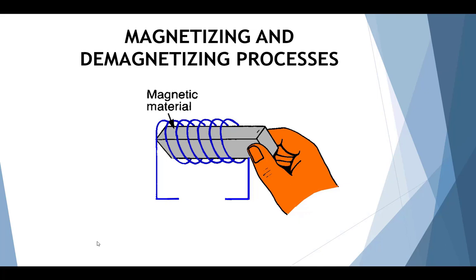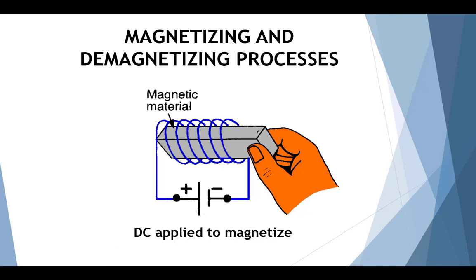Here I'm looking at taking a piece of magnetic material. This is usually ferrous material or an iron-based material. And if I wrap conductors around this, like I've done here with this coil, and I run DC current through that coil, that creates a magnetic field around those conductors, as we talked about previously.